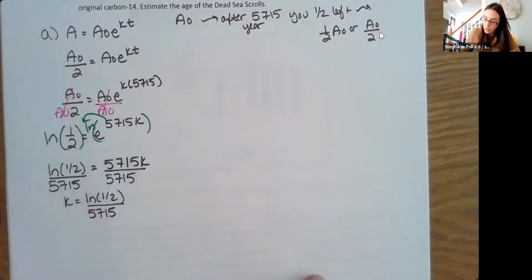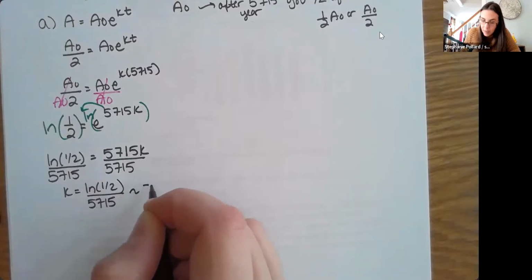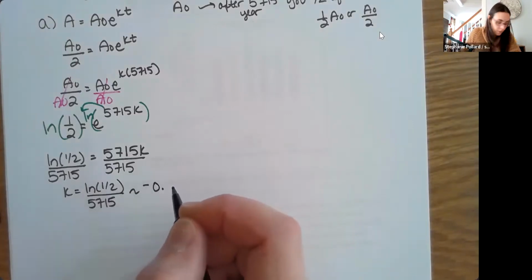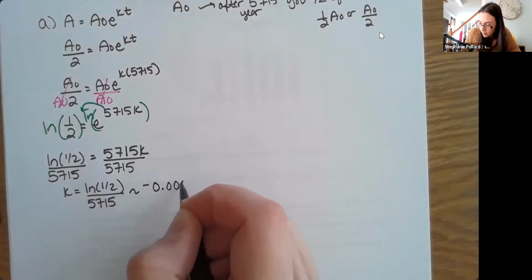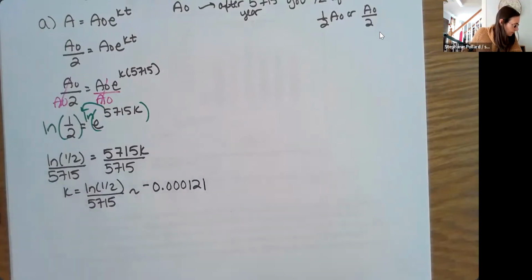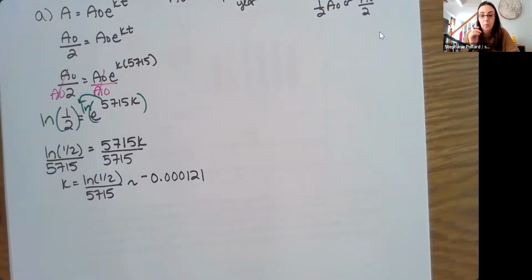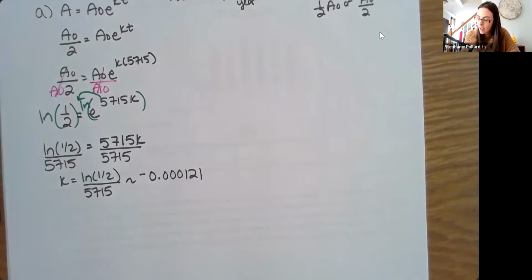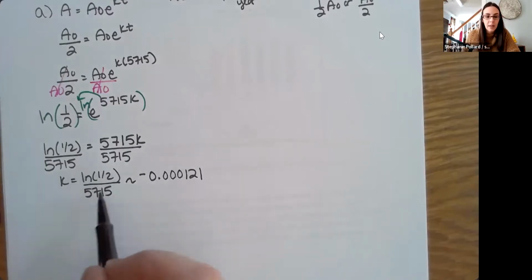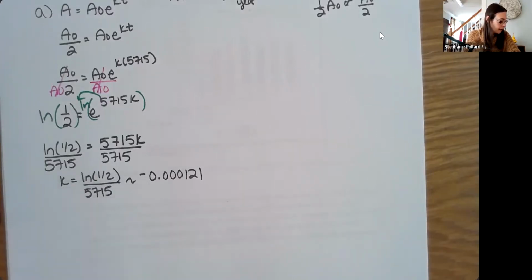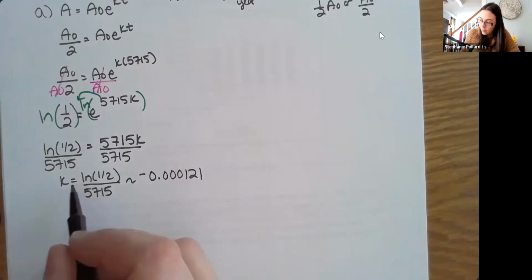Now your book here uses the following for the decimal. They rounded to 6 decimal places here, so we'll stick with that. Try this at home. Plug this into your calculator and make sure you're getting the same value. So in our decay model, our k value is going to be this.